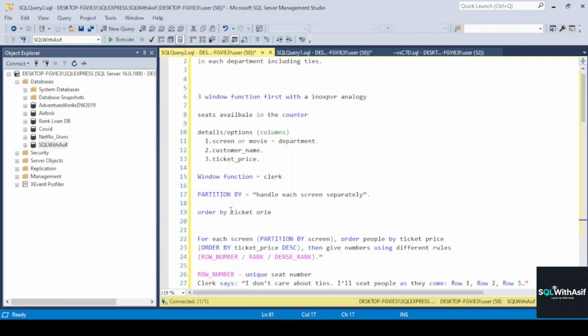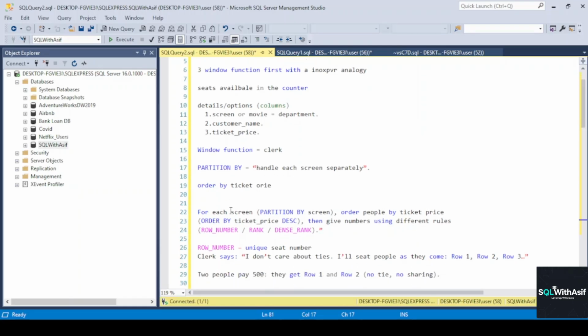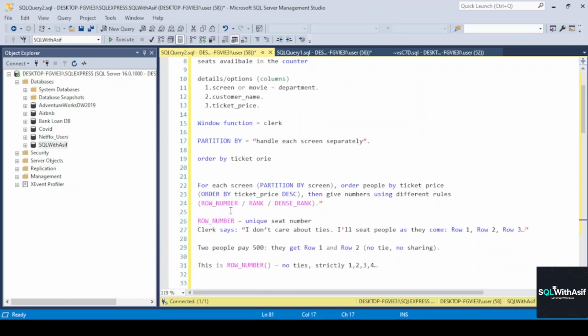Now let us suppose clerk number one, which is row number. When I went there and asked for one seat, he said, okay, I don't care about ties. I'll seat people as they come. So row 1, row 2, row 3.